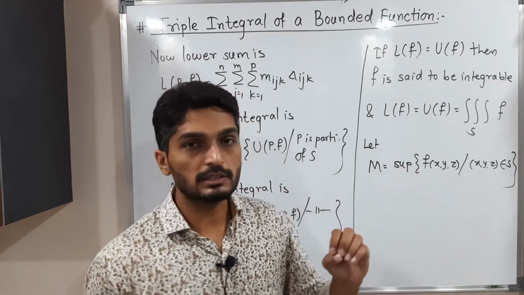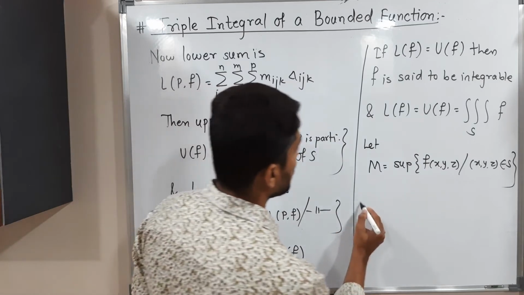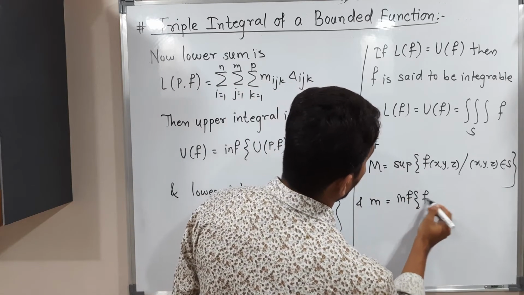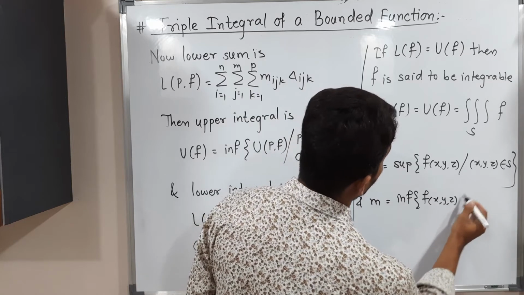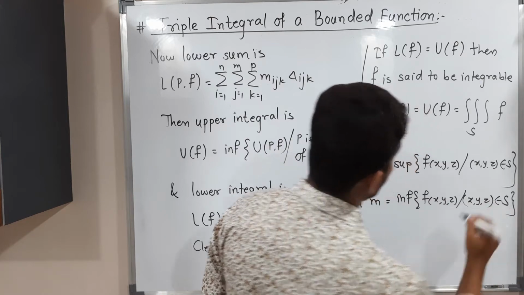And small m will be the infimum of f over the entire cuboid, for (x,y,z) belonging to S.